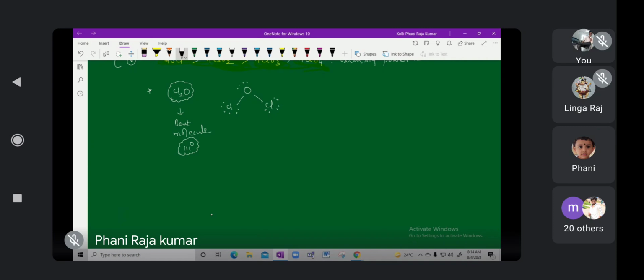Electron pairs. Next one, ClO2 molecule. This is also a bent molecule. The bond angle is 117.6 degrees.